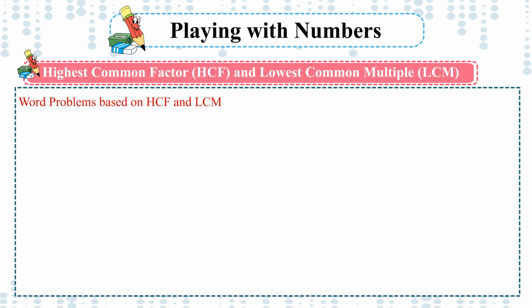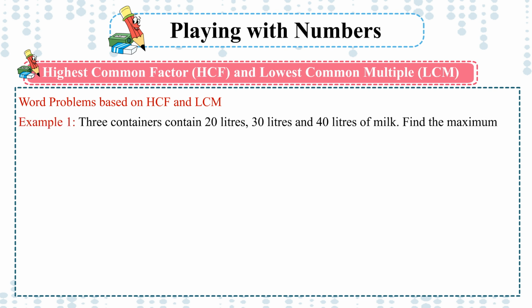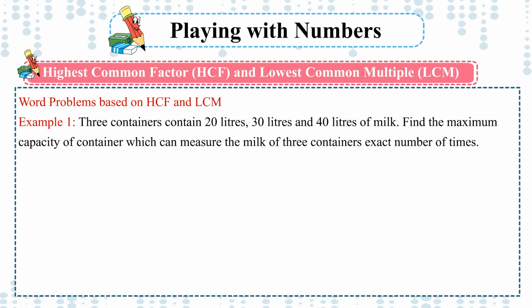Word problems based on HCF and LCM. Example 1. 3 containers contain 20 liters, 30 liters and 40 liters of milk. Find the maximum capacity of a container which can measure the milk of the 3 containers an exact number of times.